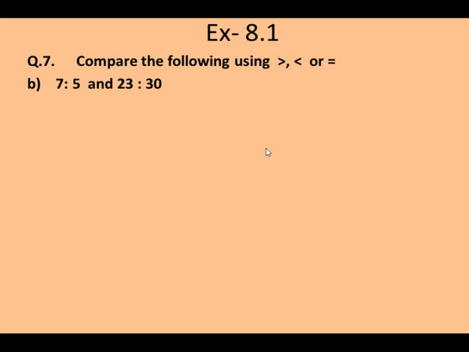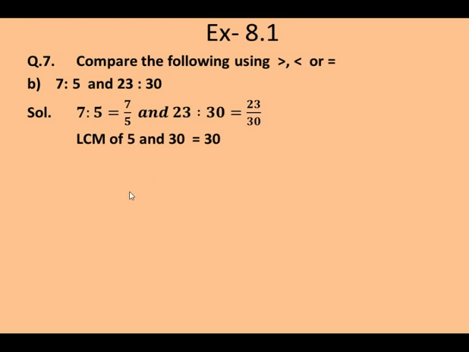7:5 and 23:30. So what we need to do is, first of all we have to convert them into fractions. 7/5 and 23/30. Now take the LCM of 5 and 30 is 30. So 7/5 into 6/6 and 23/30 into 1/1.